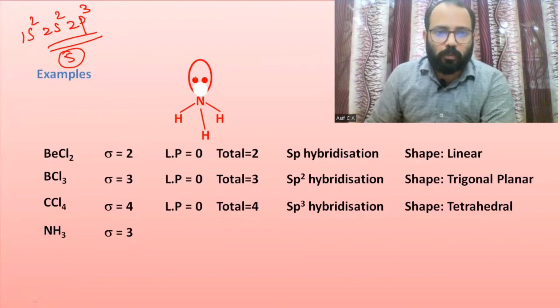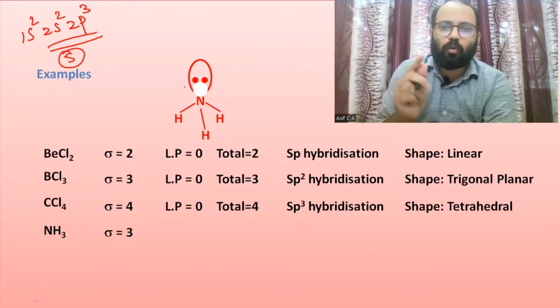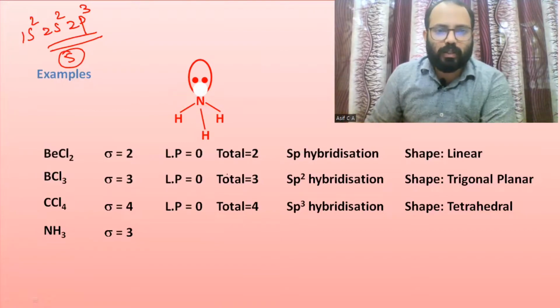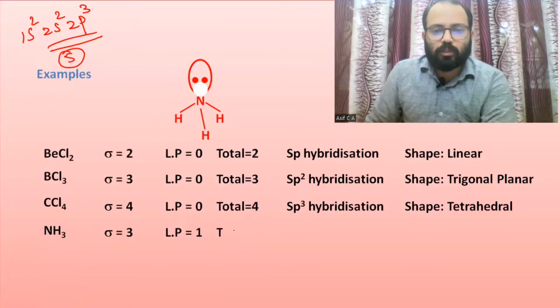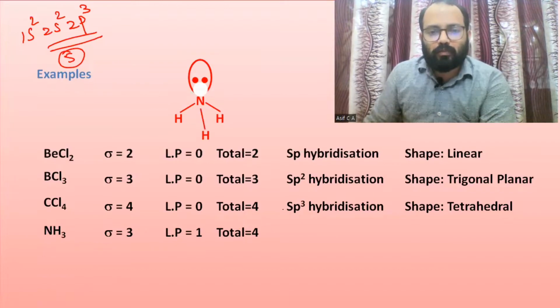Those 2 electrons that do not bond are called a lone pair, so we can say we have one lone pair here. So the number of sigma bonds is 3, the number of lone pairs is 1, so the total is 4. When the hybridization number is 4, that is sp3 hybridization.